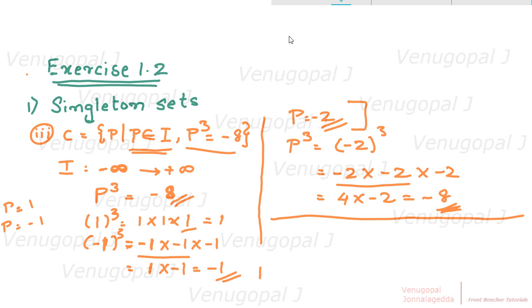I'll give you a syntax, which means a formula, for this: when A raised to N is equal to B, then A is equal to N root of B.